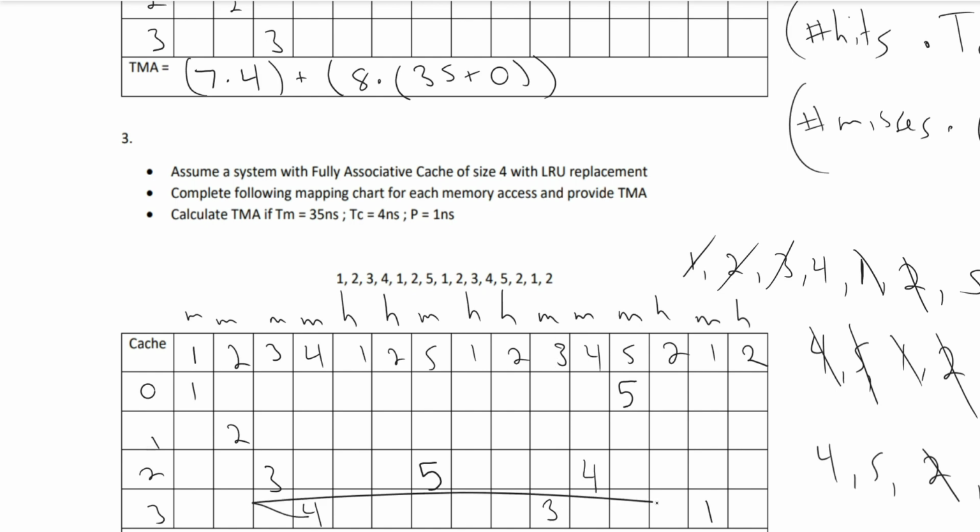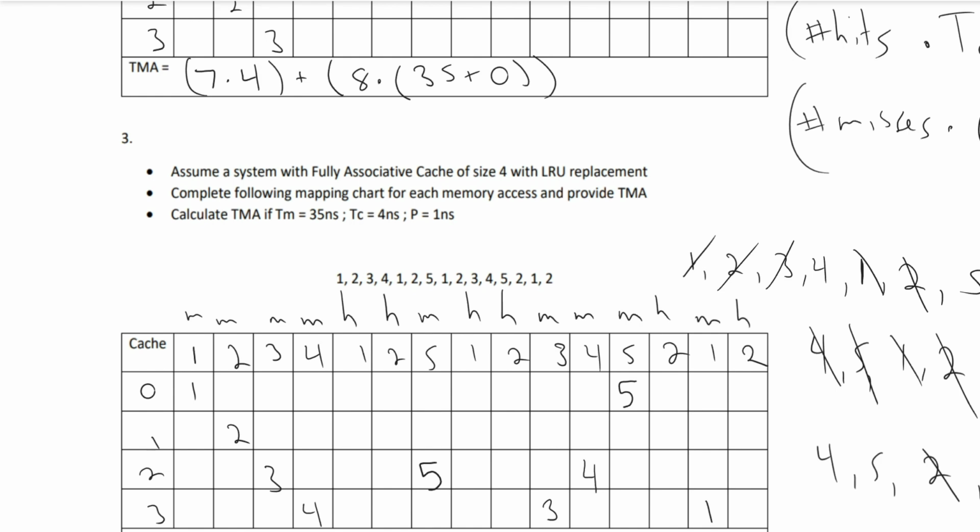Put the 3 wherever the 4 was, which was this row, and then put the 3 here. Now 4 is not in the cache because it's 5, 1, 2, 3. So you cross out 5, put 4 wherever 5 was, which was this row. Put a 4, and then 5 is not in the cache. So then you put it where the 1 was, which was this row. And put the 5 here.